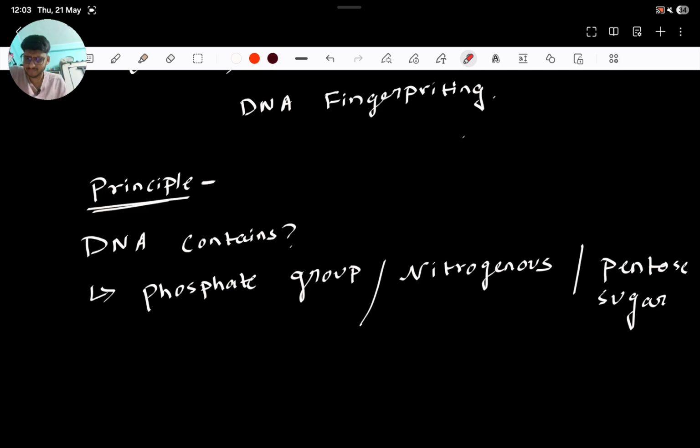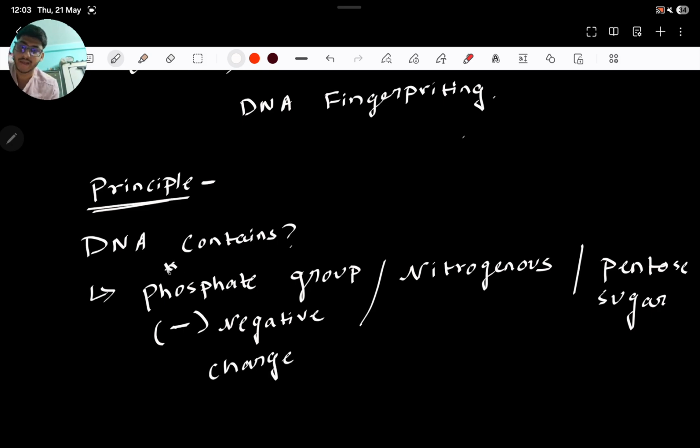Okay, so this phosphate group gives a negative charge. Remember it, it is very much important. This phosphate group gives a negative charge to the DNA.